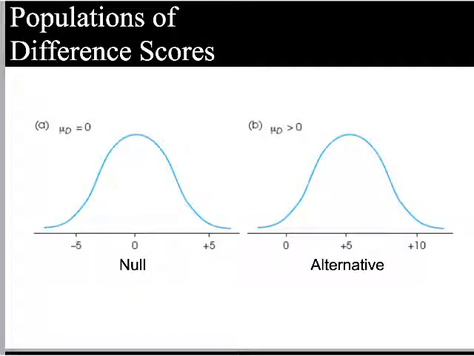Okay, and this is what it looks like if we were to draw these out as distributions. You see in the null hypothesis, the mean is right here at 0. The alternative hypothesis, it's something other than 0. It doesn't have to be 5, just for the sake of example. This figure depicts a 5. But the alternative is going to suggest that the population mean difference is statistically greater than 0.